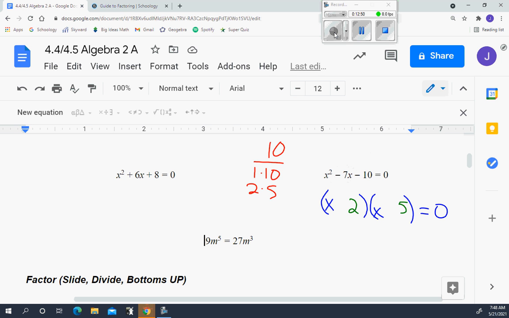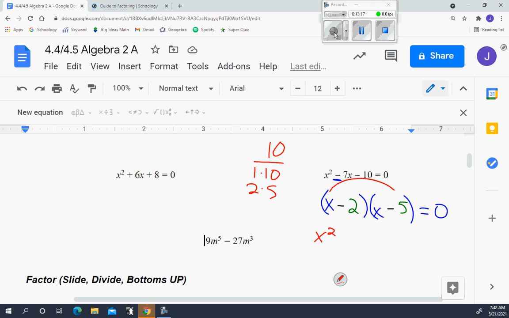Now, what are our middle symbols? We need to get to a negative 7. Well, I know negative 2 minus 5 is the only way I can get to negative 7. But watch what happens when I multiply this out. X times x, I get x squared. That's great.